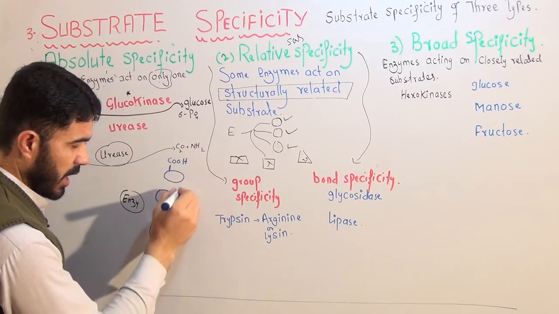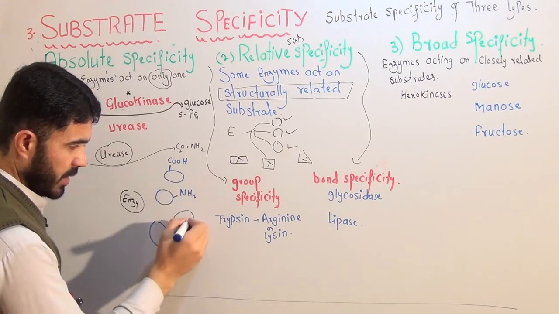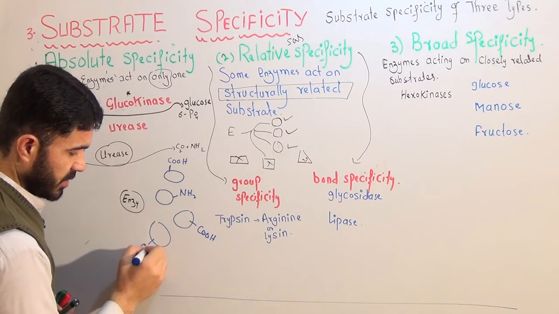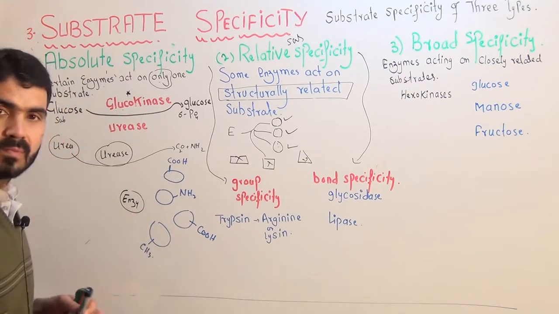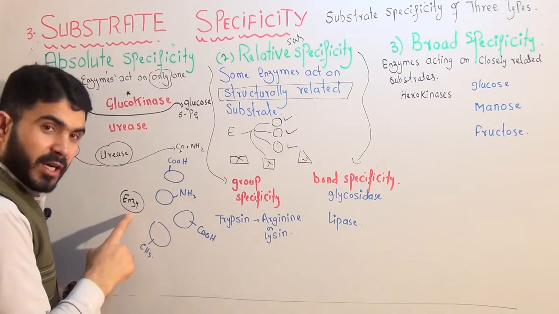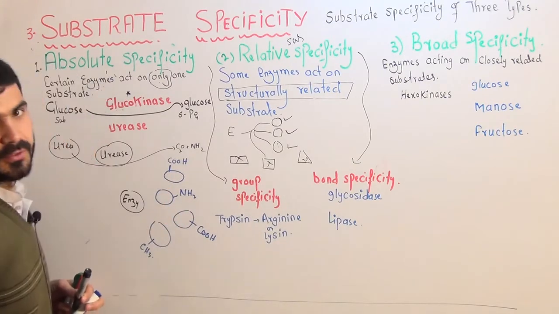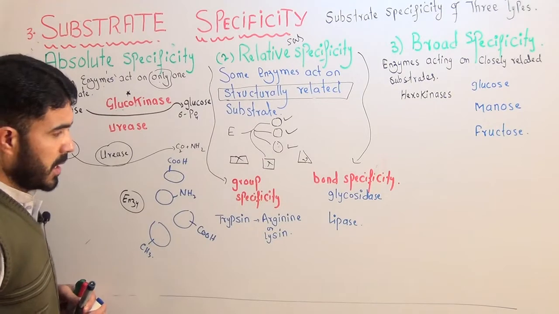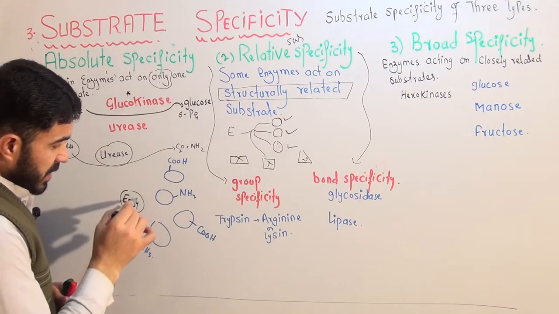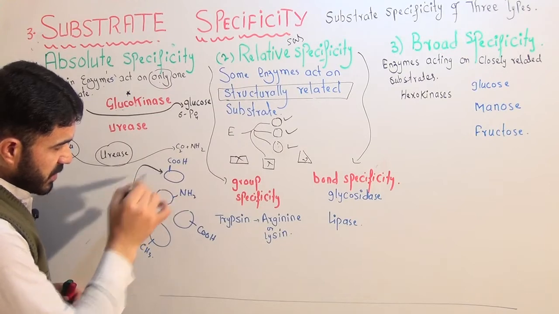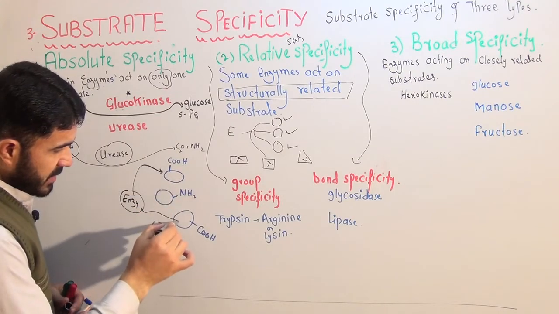This contains a group NH2. This contains COOH. This contains CH3. In front of the enzyme, we have 4 different substrates. But the enzyme is acting on this substrate and this substrate.